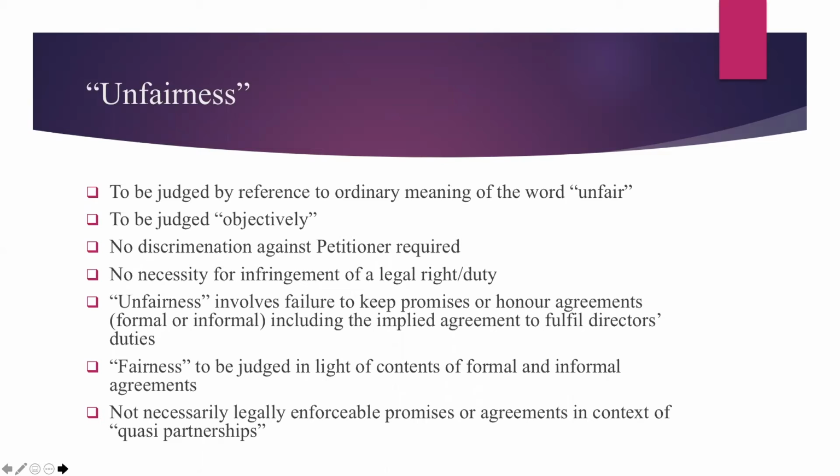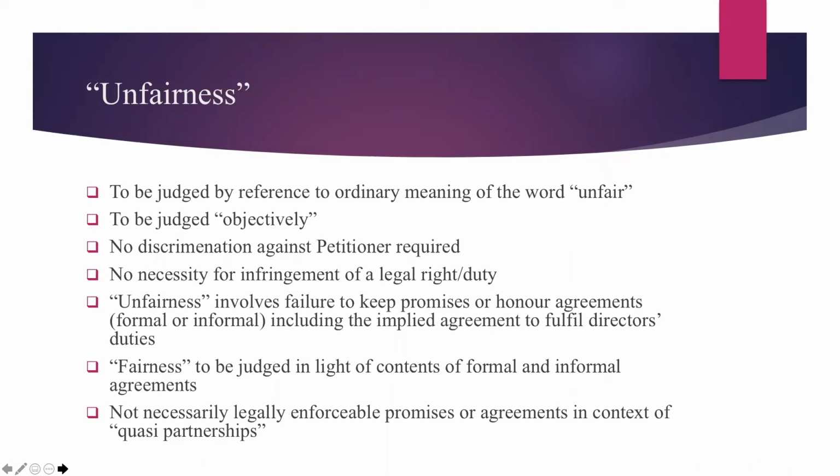Generally, unfairness involves a failure to keep to promises or to honour agreements. Those agreements or promises are often found in the formal written constitutional documents of a company and those regulating its affairs, for example, in articles of association or in formal shareholders agreements.